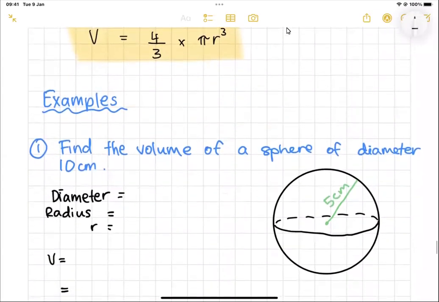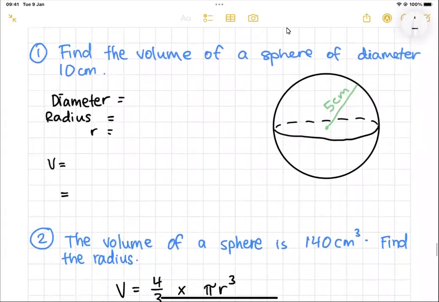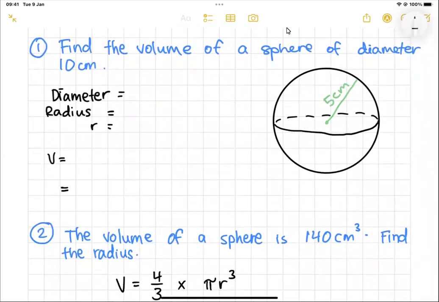So let's go to our first example. Example number 1: find the volume of a sphere of diameter 10 centimeters. We've dealt with diameter before. First we need to deal with that because our formula needs a radius, right?